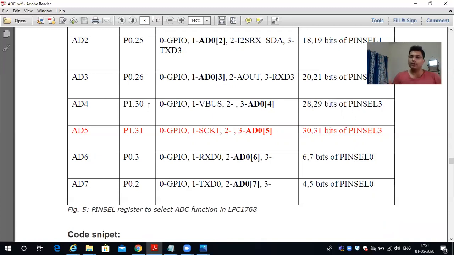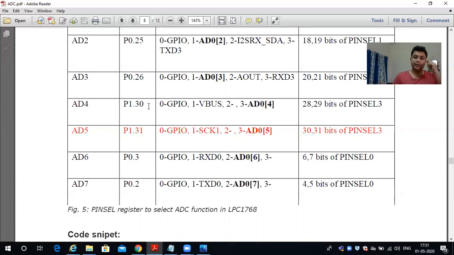But in case of the burst mode, there may be several analog inputs which need to be converted at a time. But because there is only one multiplexed register, everything goes in a round robin way.